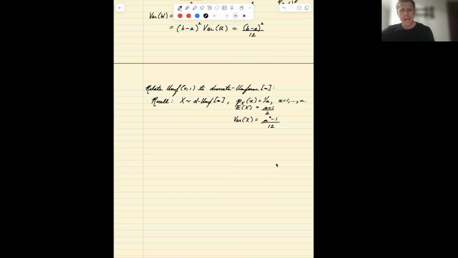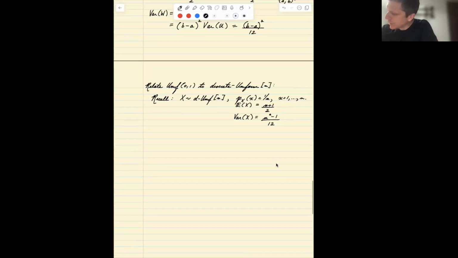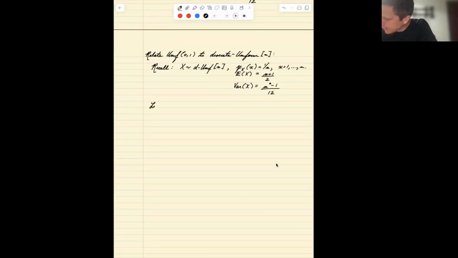Okay. And so what we're going to do is let big N sub little n be a random variable, discrete uniform on the set n for each little n. So this is a family of random variables.